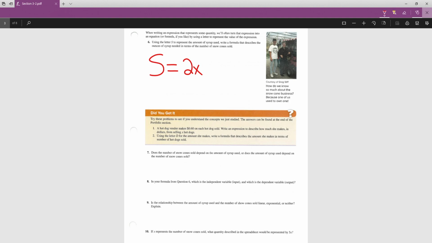Number 7 says, does the number of snow cones sold depend on the amount of syrup used, or does the amount of syrup depend on the number of snow cones sold? The amount of syrup depends on the number of snow cones.